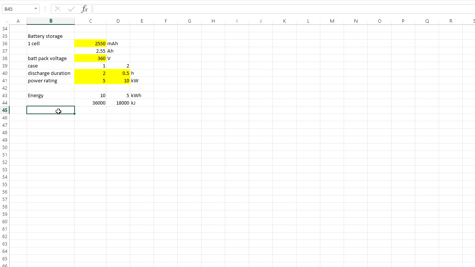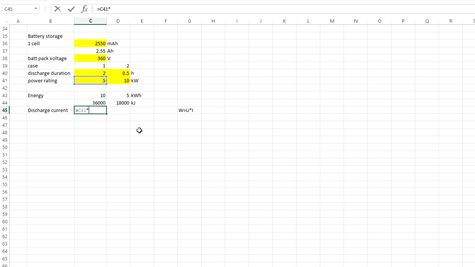And now what is the discharge current? So we know that the power is voltage times the current, and we know the discharge power, the power rating 5 kilowatts. We know the voltage, so we can get the current from that.